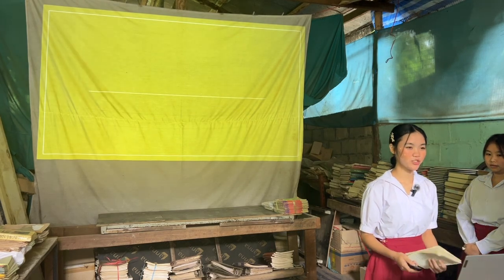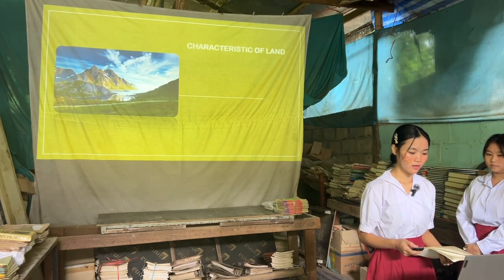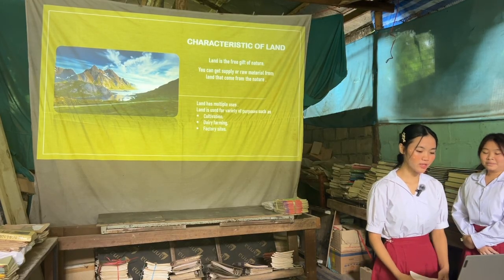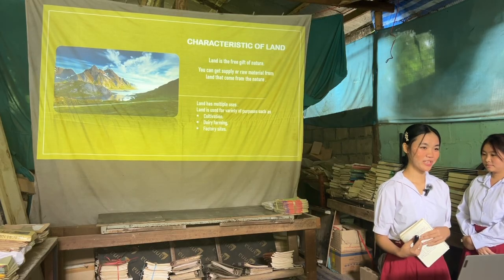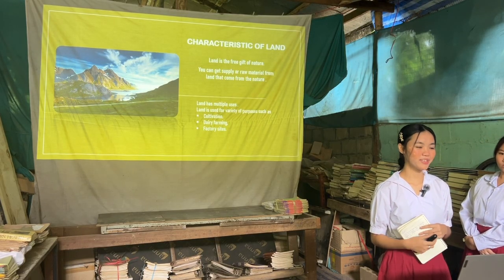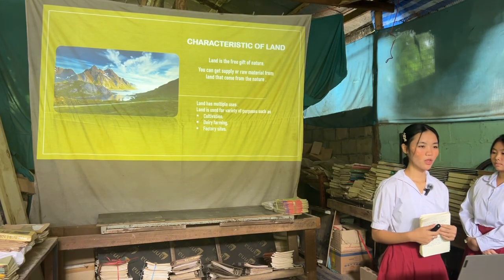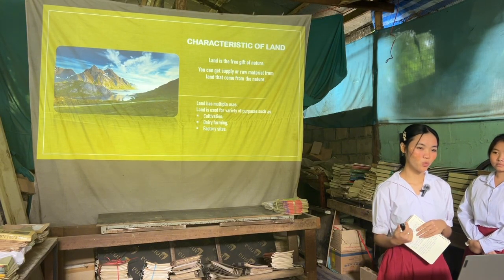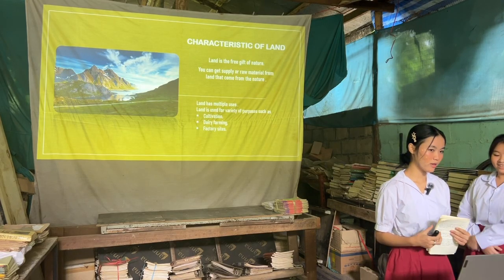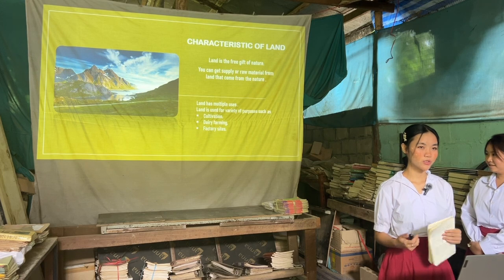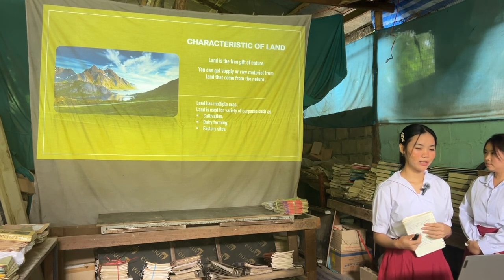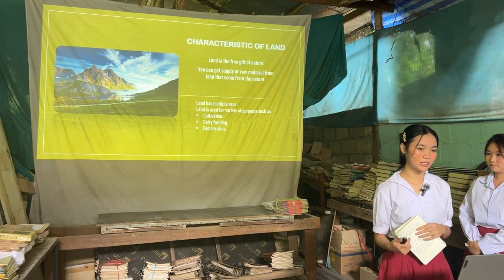Okay, let's continue to my part. The next one is characteristics of land. Land is a free gift from nature, because humans cannot create land. For example, a forest can provide wood, shelter, and many materials for every living thing, and a river can provide water and food, like fish, and many mineral materials for us.